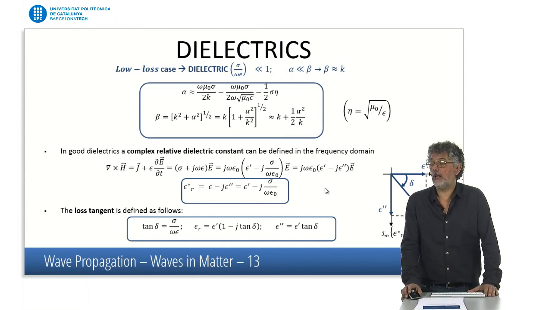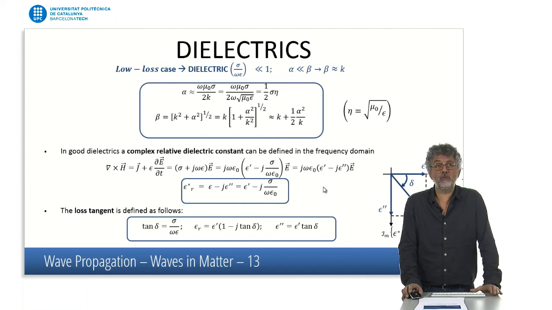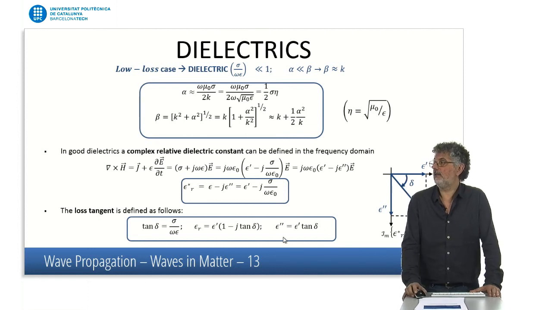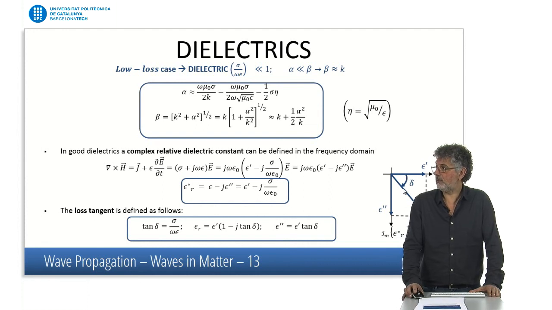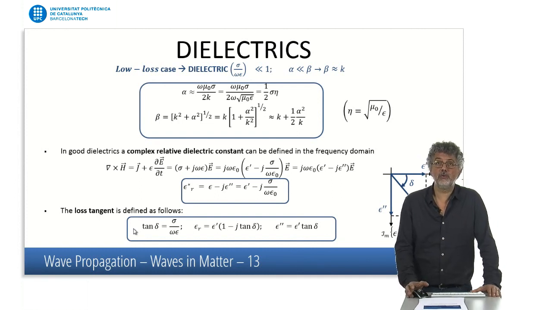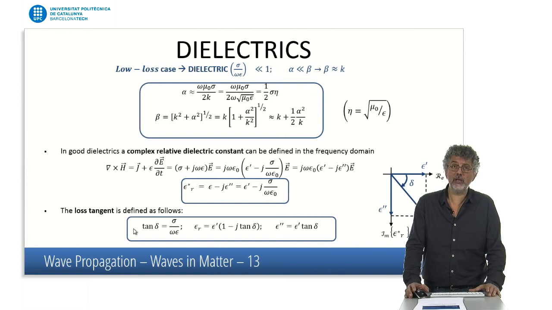And usually there is one parameter which is defined as a characteristic of dielectrics, which is the loss tangent. The loss tangent is defined in the following way. If we imagine that the dielectric constant is a complex number, with real and imaginary part, then delta is that angle, and the tangent of delta is the ratio between that imaginary part and the real part of the dielectric constant. So usually dielectrics are characterized through the real part of the dielectric constant and their loss tangent.